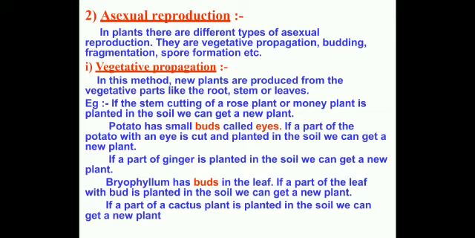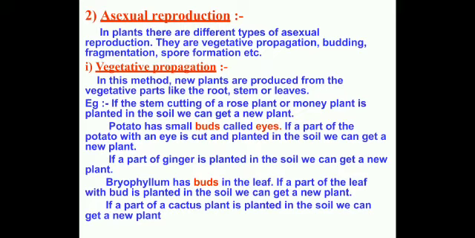The new plant grows from the buds, which are called the eyes of the potato. Then next, if a part of ginger is planted in the soil, we can get a new plant. Similarly, in bryophyllum, leaves have buds.